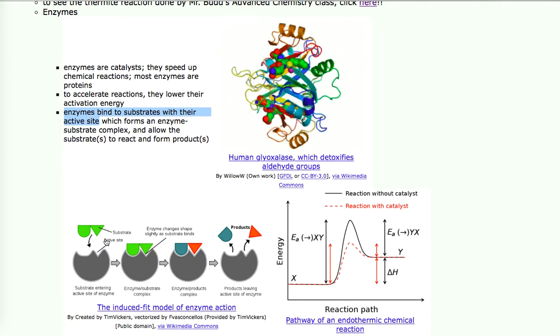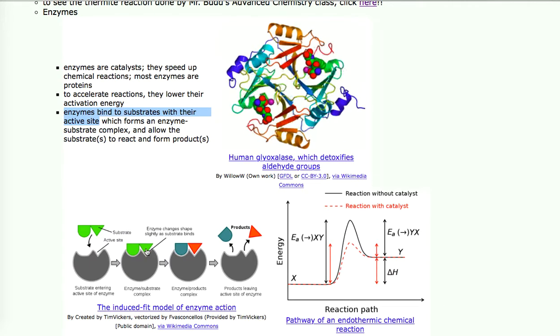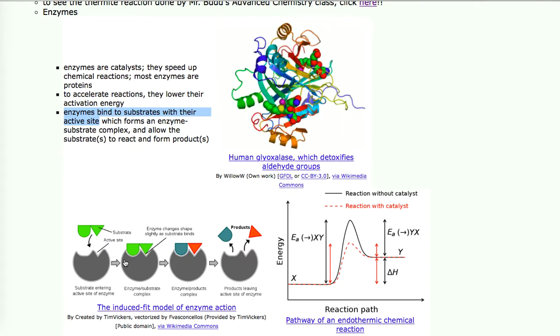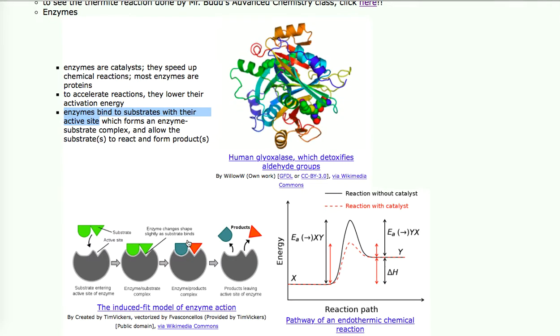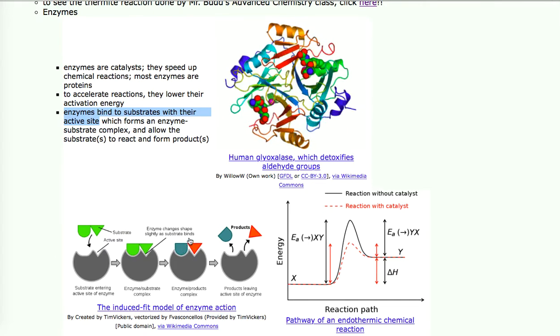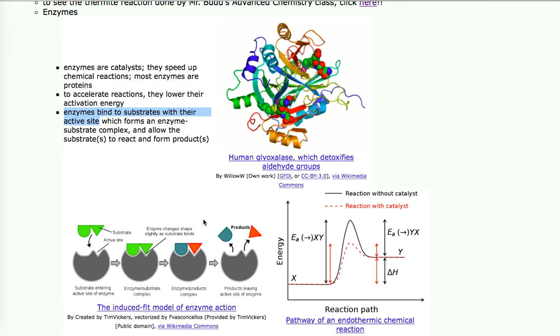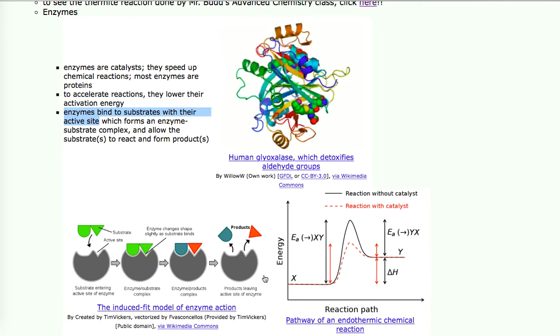The enzyme actually binding to the substrate at the active site changes the shape of the substrate a little bit. It changes the electron configuration slightly inside a couple of the atoms, and as a result, products are released that were different than the substrate coming in.